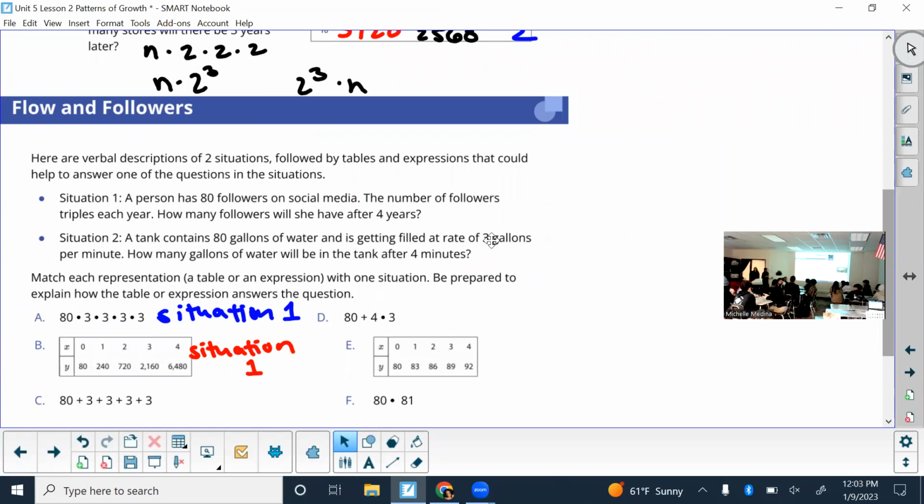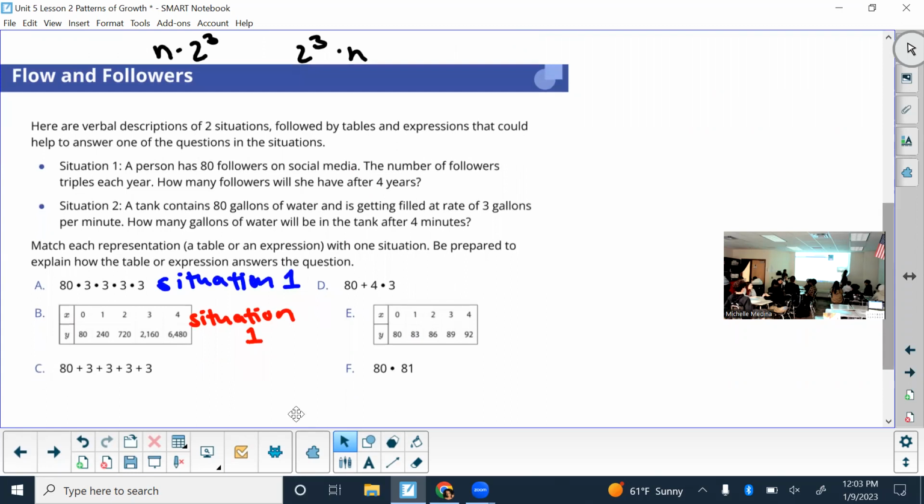All right. Table 4, what would C best go with? Sorry, what was that? Table? Situation 2. Any disagreements there?